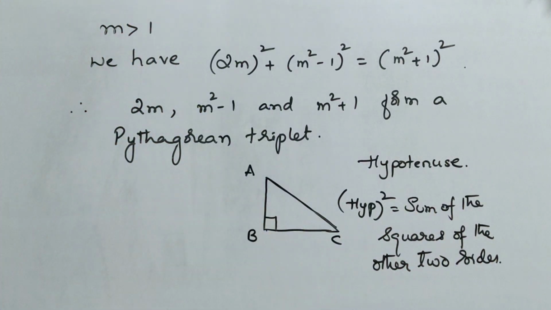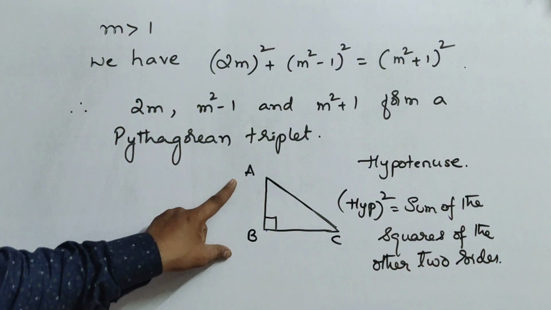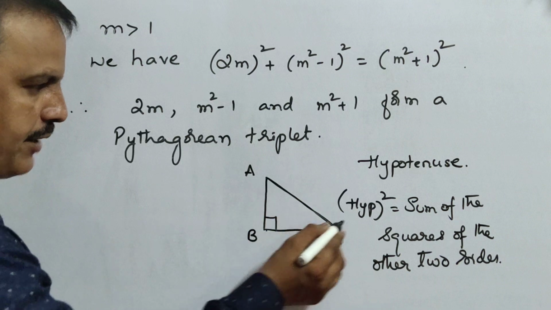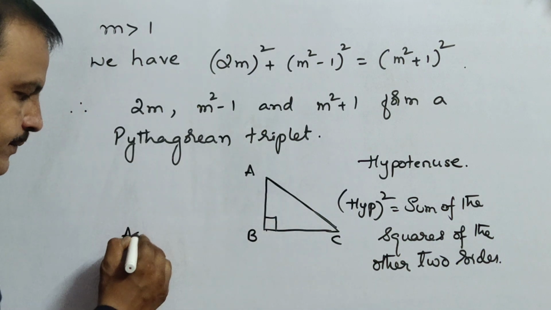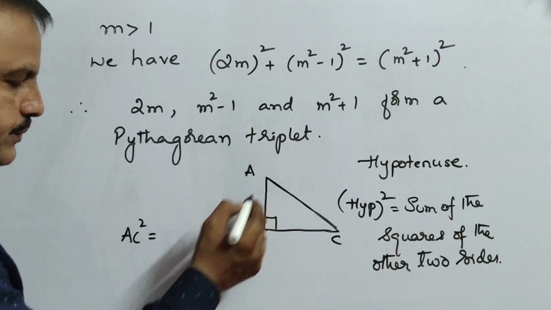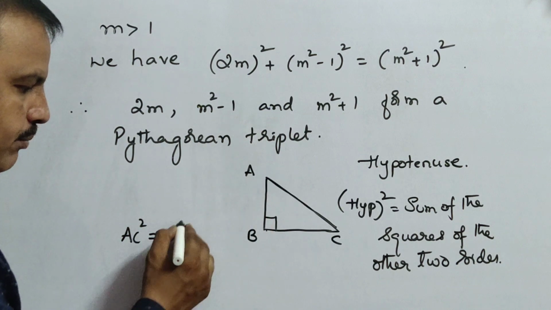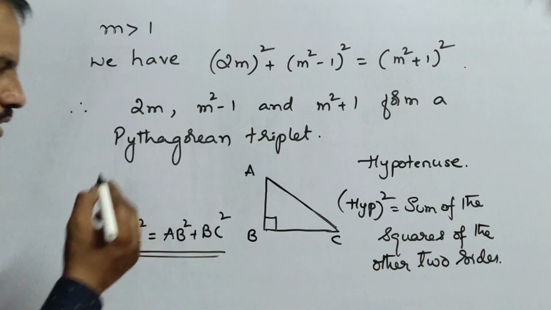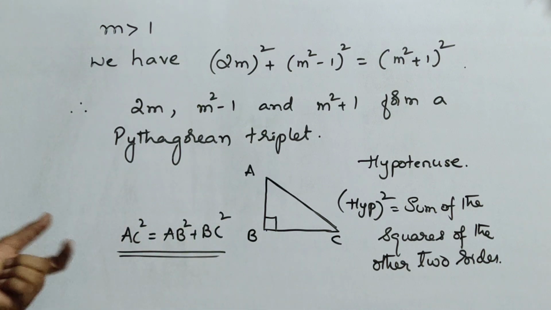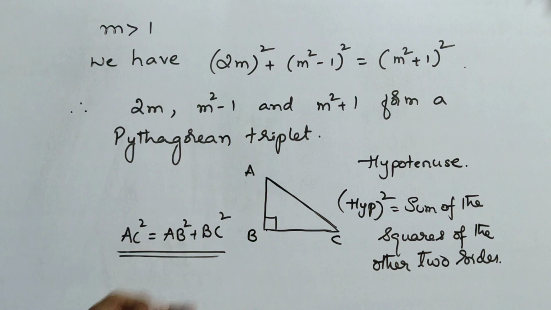According to this figure, how will you write the Pythagoras theorem definition? What is the hypotenuse here? AC, because AC is the longest side. So AC square equals AB square plus BC square. This is the Pythagoras theorem actually.